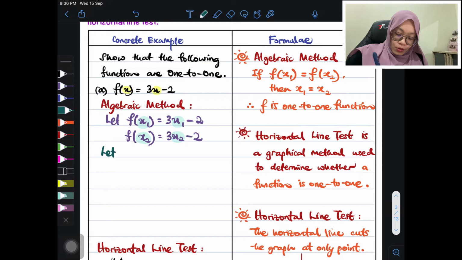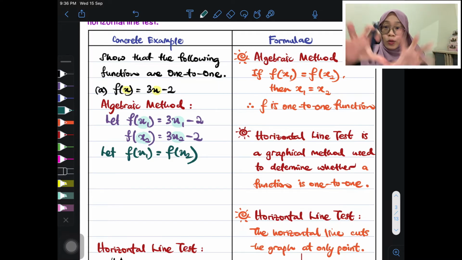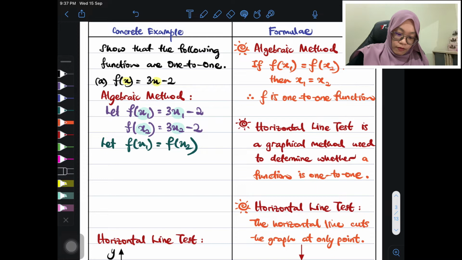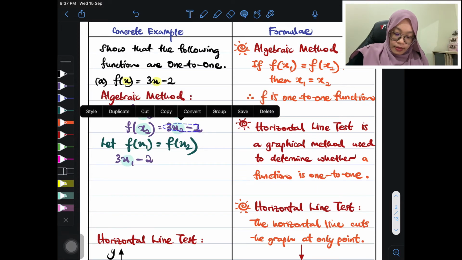And then I must also understand that when we do the algebraic method, we are expecting f(x1) to be equal to f(x2). We equate them together and then we try to solve it. Let me just duplicate this and this.